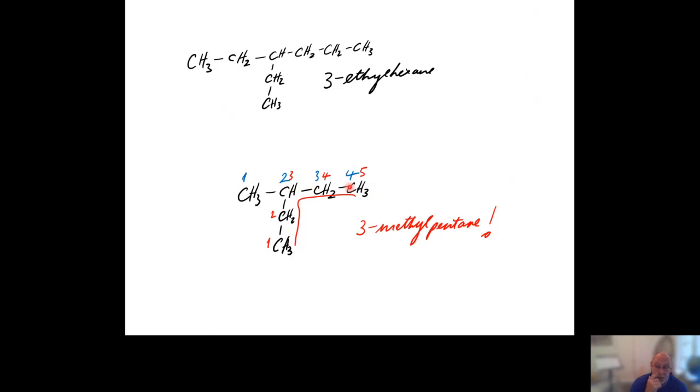It doesn't have to be straight because remember the chains aren't straight anyway. So the longest carbon chain in this molecule is actually 5 carbons. 1, 2, 3, 4, 5, the red numbers. The blue numbers aren't the longest chain. So if this is your longest carbon chain, then this must be a branch. So it's a methyl group and it's off the third carbon. So it's 3 methylpentane. Okay, that's the only correct way to number.